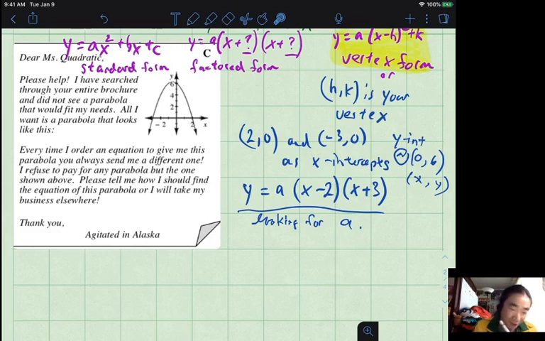So at this point, notice we have one equation, and this is the part where we use our y-intercept, but that's not the only way to go about solving this problem. Right now, I think that might be the easiest way.